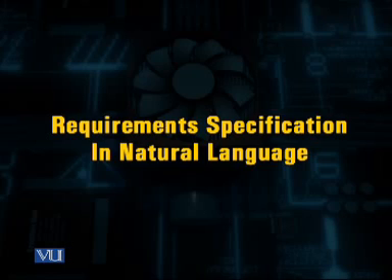This is important because natural languages are inherently ambiguous. There can be multiple meanings of words and phrases, and as a result, they can be misinterpreted by developers, and there can be a disagreement with the customer if only natural languages are used.